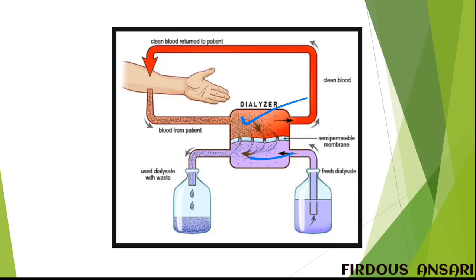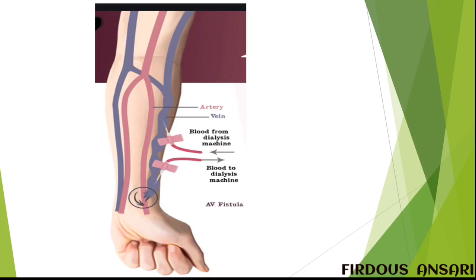Every time, because of diffusion, the waste metabolites move from the blood to the dialysis fluid, and the used dialysis fluid is moved into another container or removed, and every time fresh dialysis fluid is used, so that diffusion takes place, or you can say purification of blood takes place. So hemodialysis requires access to the blood vessel to allow the blood to flow to the dialysis machine and back to the body.